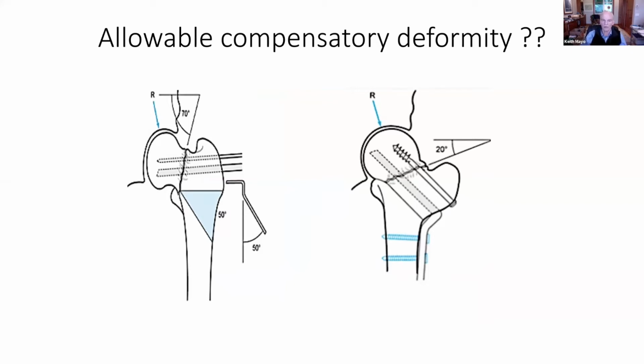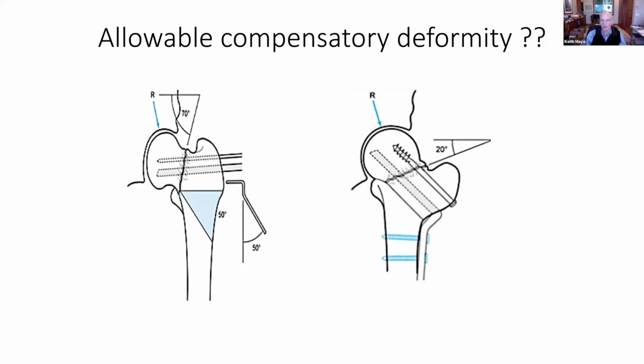And so then the question is, how much deformity can you accept in order to get enough compression? And the answer is far less than we probably would expect from looking at the literature historically.